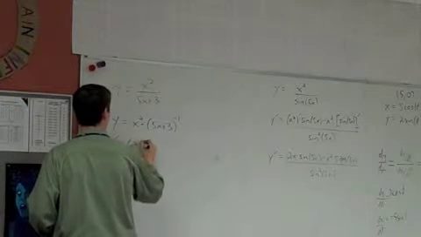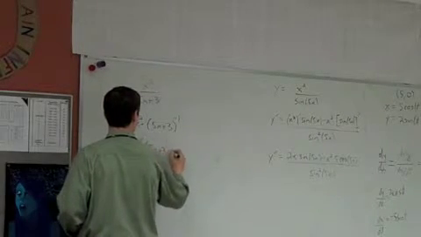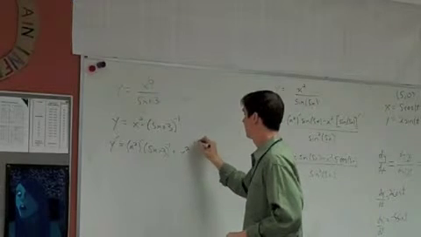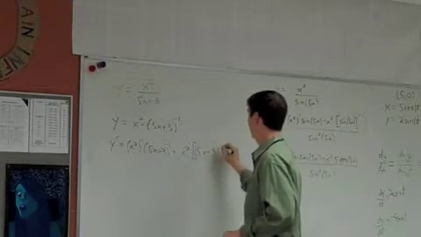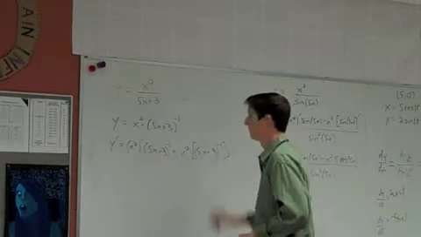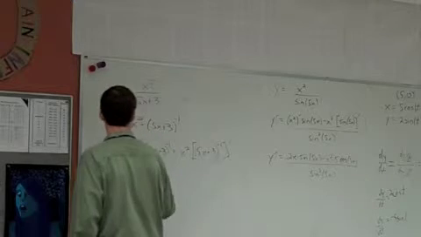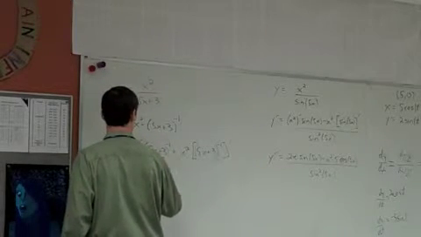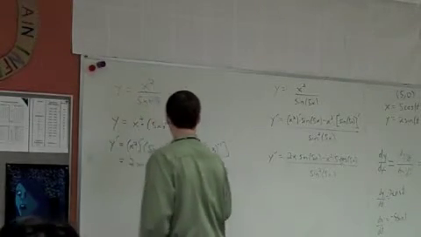So, derivative of the first times the second plus product rule, the first times the derivative of the second. Okay? This is 2x. Again, if you want to flip that down, that's fine. Or you can leave it right there. Plus x squared.